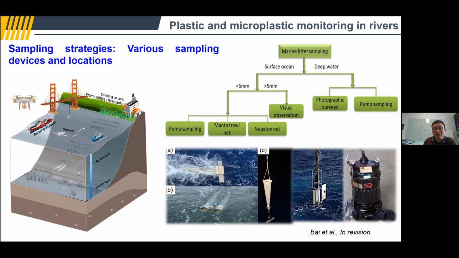For large plastics, we can use visual observation, like the WWF has done, as well as photographic surveys or even satellite imaging. So there is new technology trying to overcome those barriers. For the locations to sample in rivers, we can do it either on board, in the river itself, or on a bridge or on the river banks.